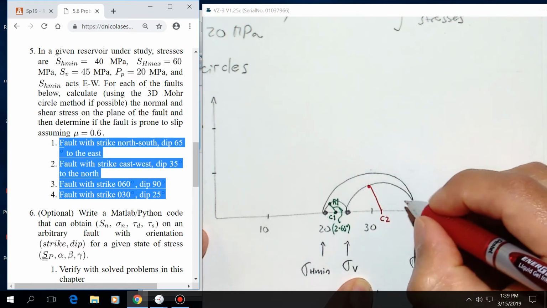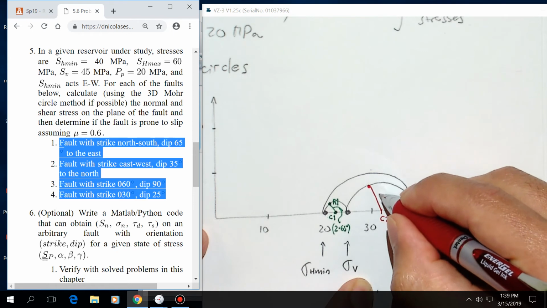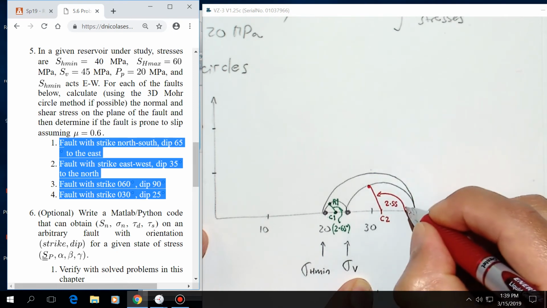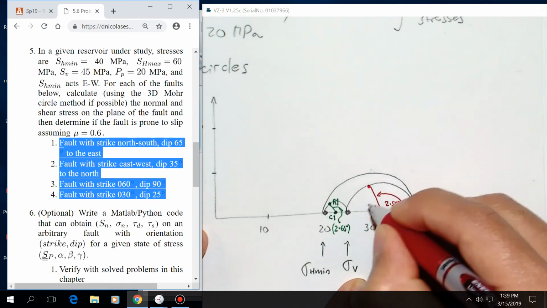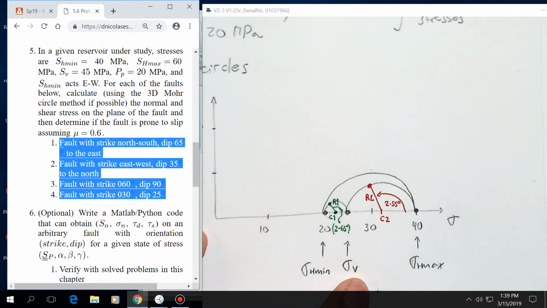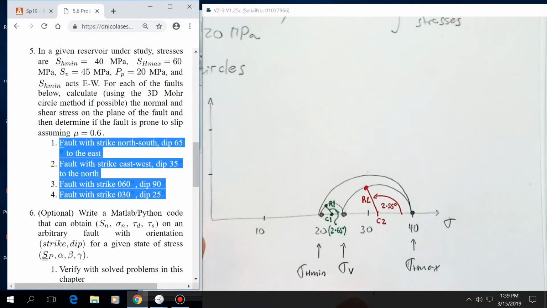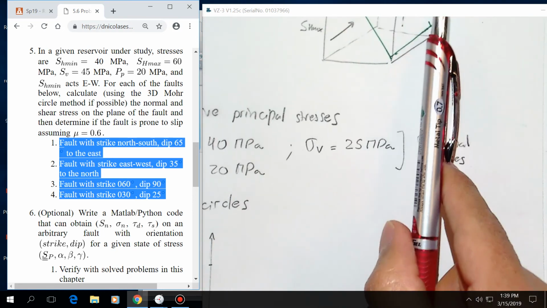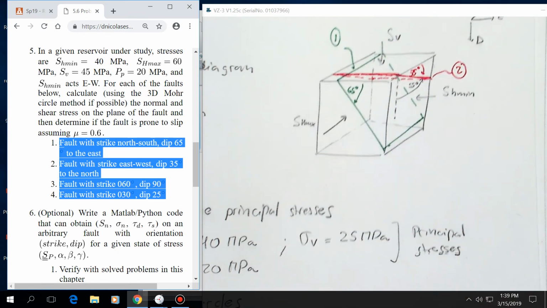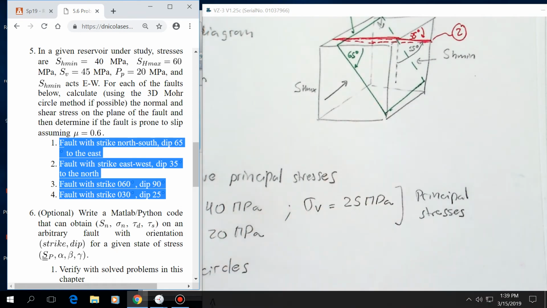And that fault is going to be a point right there. Now you see that in this example, the angle beta is not the dip, but is a complementary angle from the dip in this particular case. Yes? So just to clear out something.